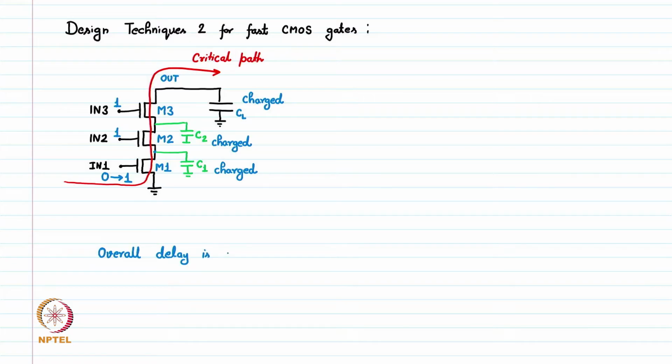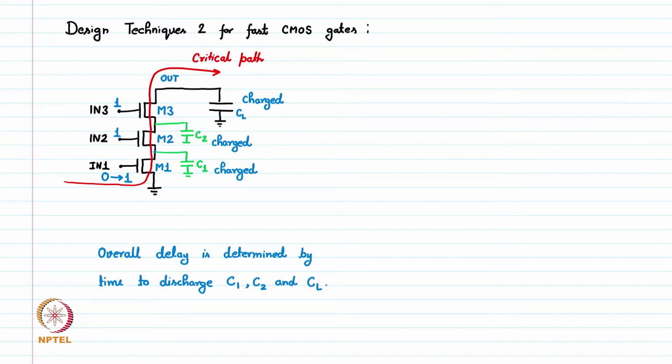So the overall delay is determined by the time to discharge C1, C2 and the load capacitance CL.